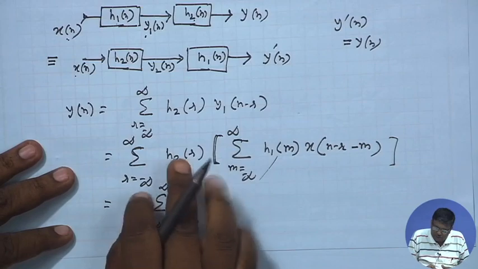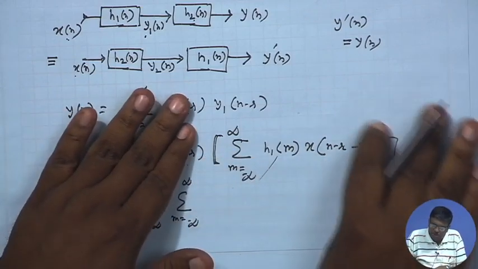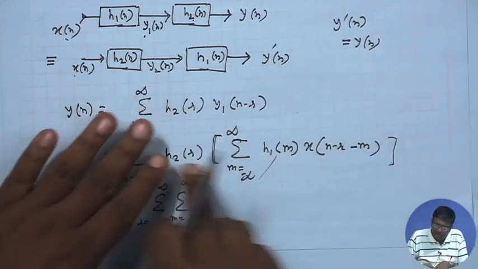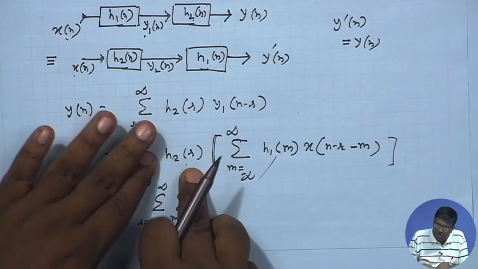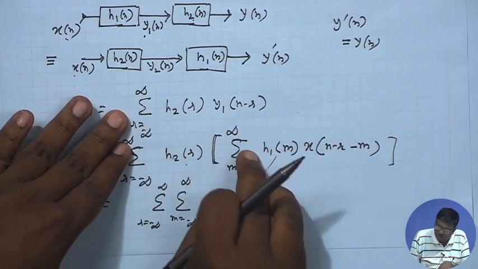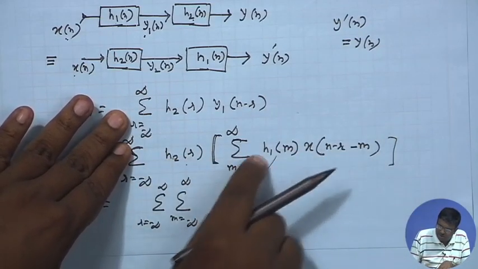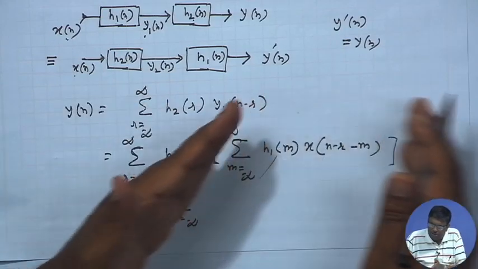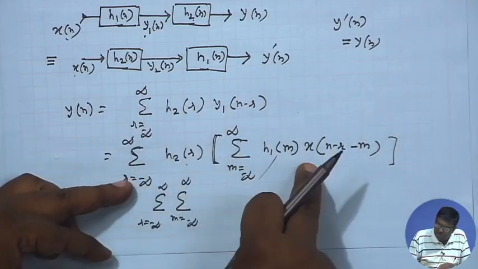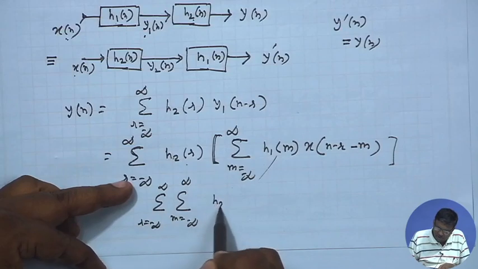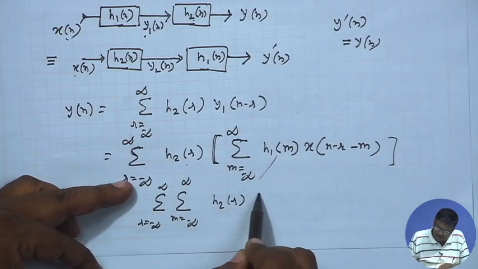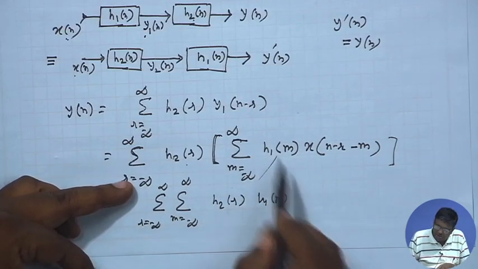You bring in h 2 r from outside, that is, first you work out a summation, then multiply by h 2 r. It will be the same thing if h 2 r is brought inside the summation, since it multiplies every term here for each m. Like if you expand this summation, every term you multiply by h 2 r. So, h 2 r times every term, h 1 m, every term means for each m.